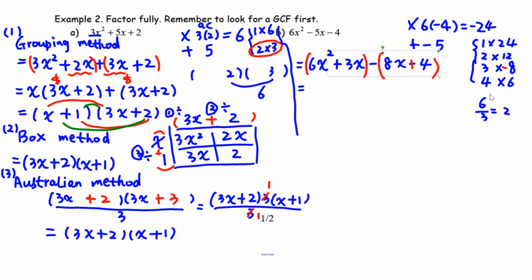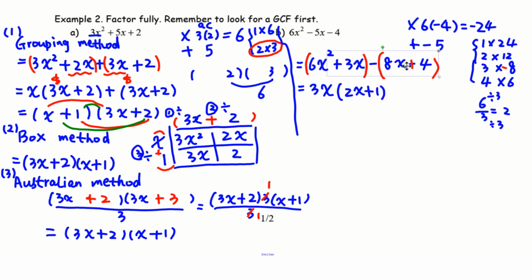Both are divisible by 3, so 3 will be the greatest common factor. And the lowest degree for the variable is 1, so 3x, do the division, 2x plus 1.